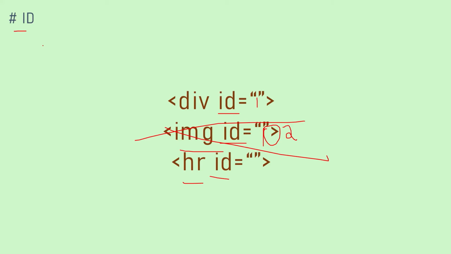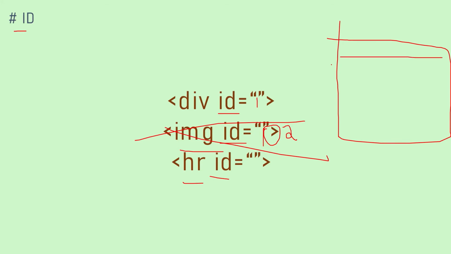ID is nothing but, suppose you have a website and you have a nav bar for it. For any website you take, there will be only one navigation bar, right? There won't be two navigation bars for that website. So for that you can use an ID called navbar. A navbar is a unique one in the entire website.